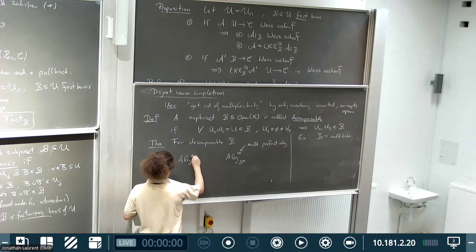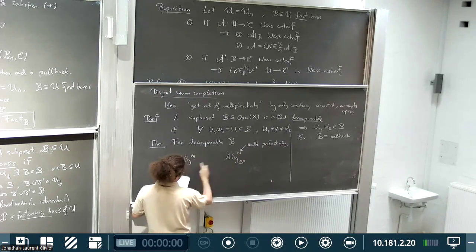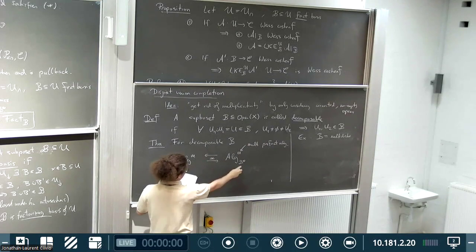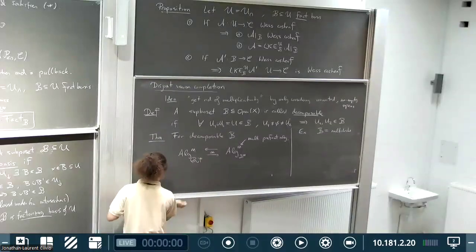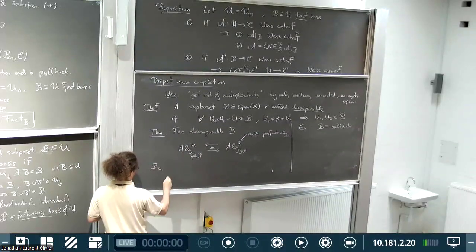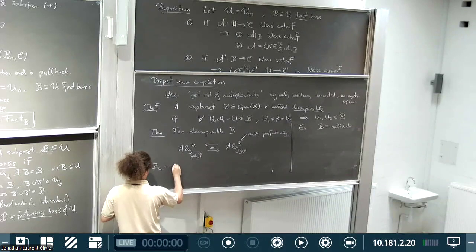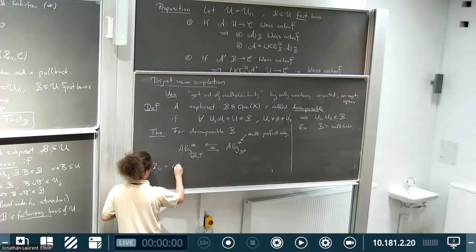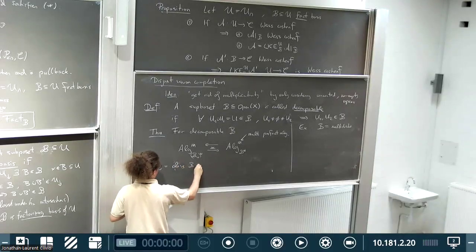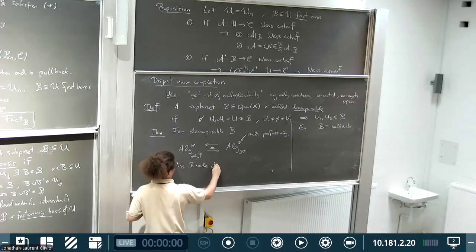And the category doesn't change if you take B and you close it under disjoint unions. I had this already on the board last time, but let me remind you, this is obtained from B by taking all possible disjoint unions that exist in B.